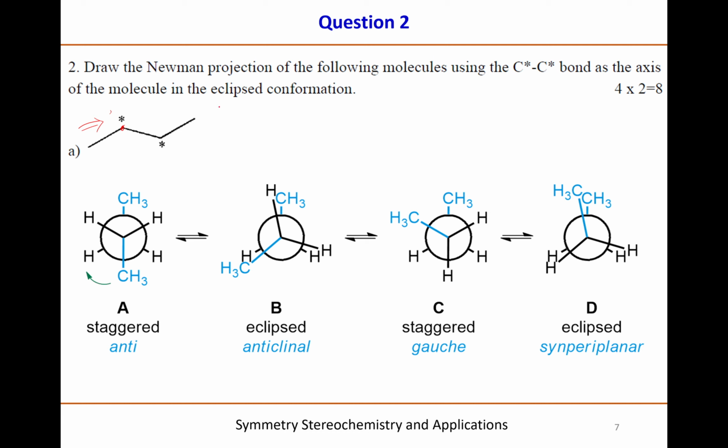Now you have to take the carbon which is nearest to your side. Suppose I am looking from this side, that means this is the first carbon. The first carbon will always be denoted by a dot only.